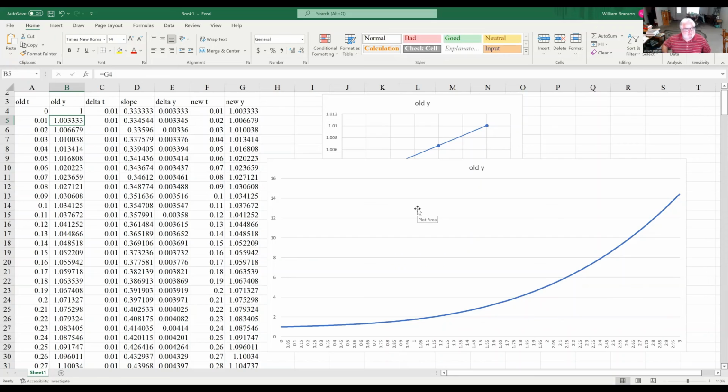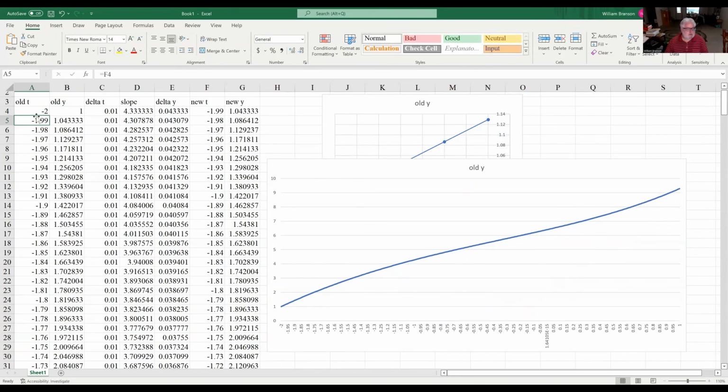So that's Euler's method, a little bit of a way to play with that. And you can change the initial condition as well. Let's say we start at t equals -2 and y equals -3.